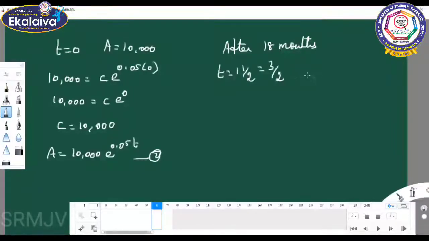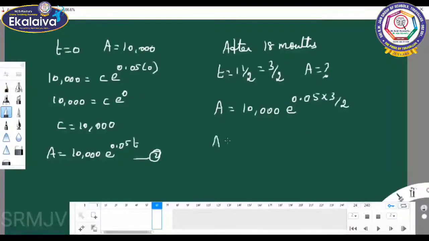What is the amount? It is a mixed fraction; you can bring it into an improper fraction. So A equals 10,000 e power 0.05 into 3 by 2.